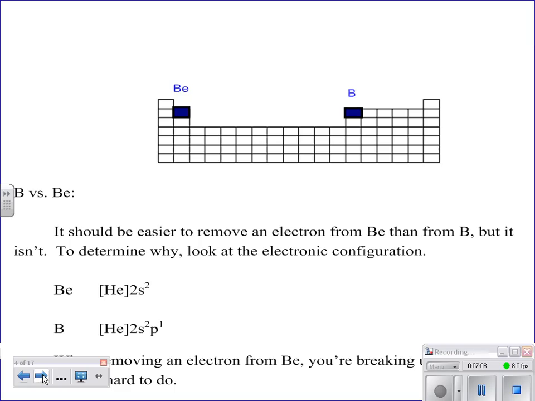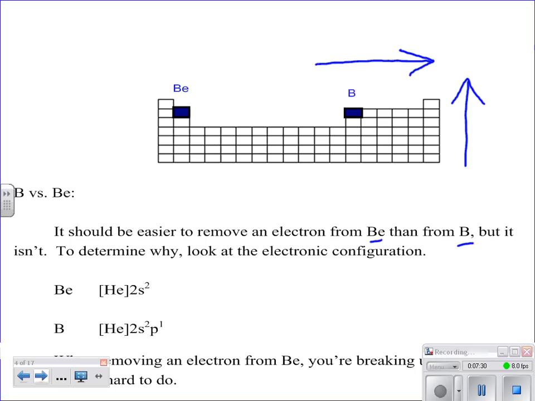We're going to see an exception with beryllium and boron. Remember, we expect it to take more energy to knock off an electron when you move up and to the right. But instead, it actually takes less energy to grab one from boron than from beryllium.